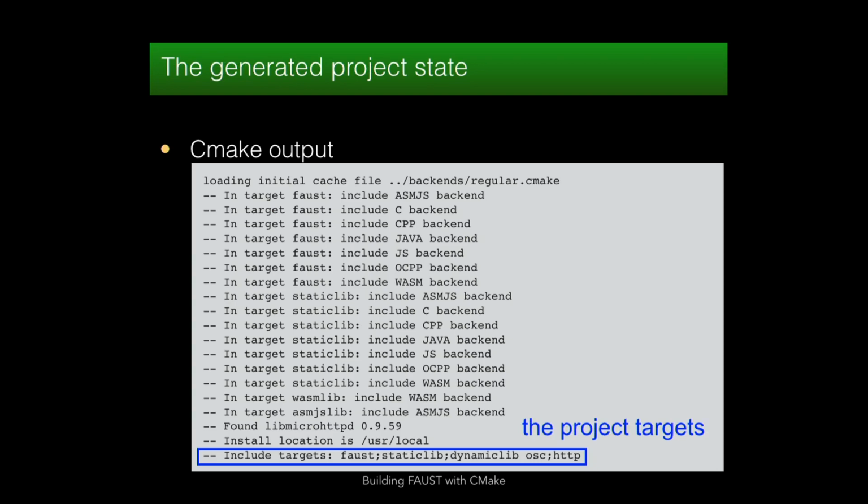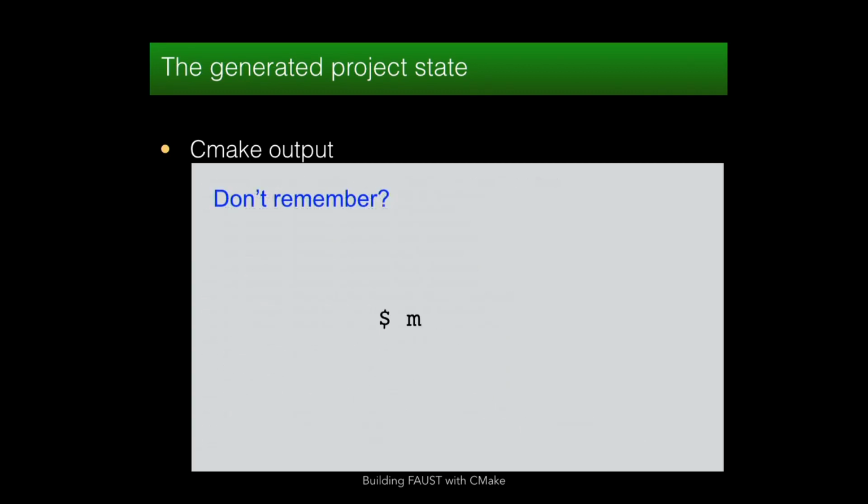So if you look at the CMake output, you have all the information about what will be compiled, what you put into your binaries. If you don't remember, you can relaunch CMake and type make cmake, and you will get the same result.